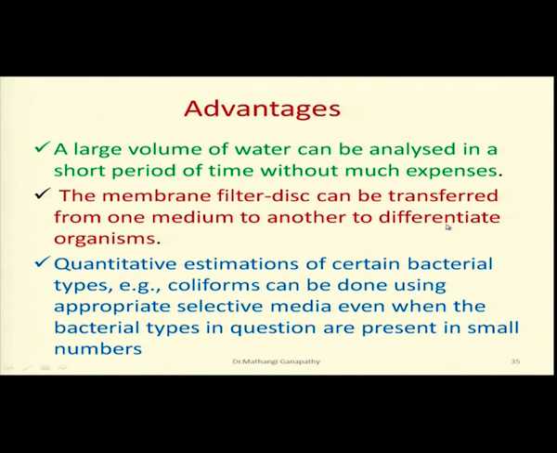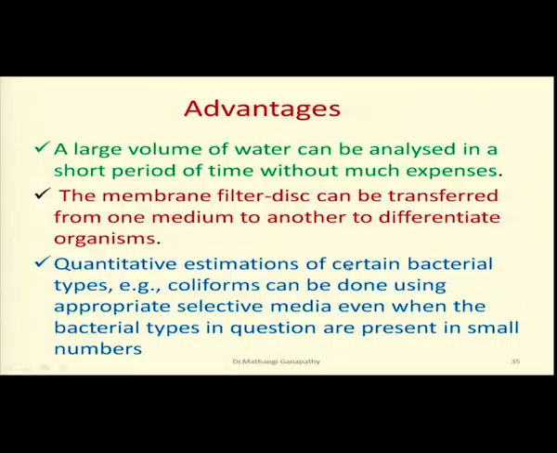Suppose the filter disc contains a huge number of microbiota, a heterogeneous mass, you can now transfer this filter disc onto another absorbent pad containing selective or differential media. So, what grows there would be only those microbes which can utilize and grow based on the selective medium which is present there.